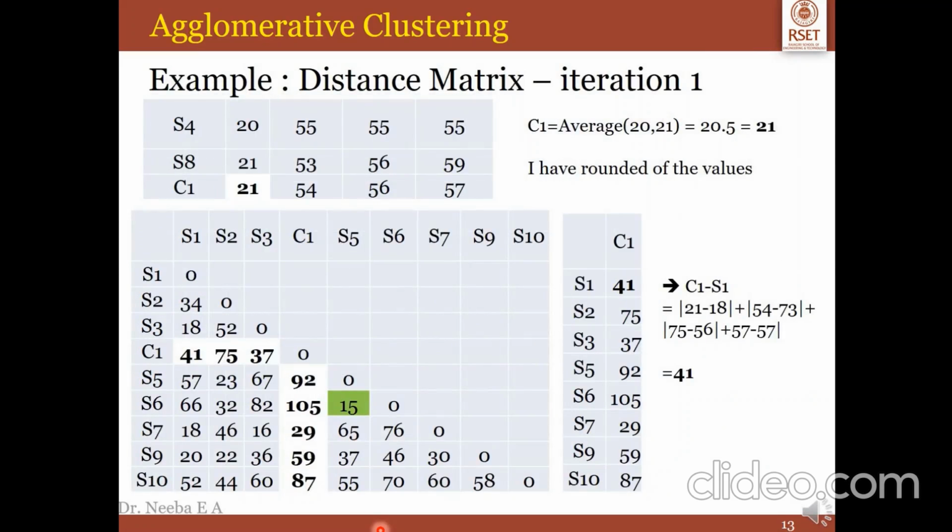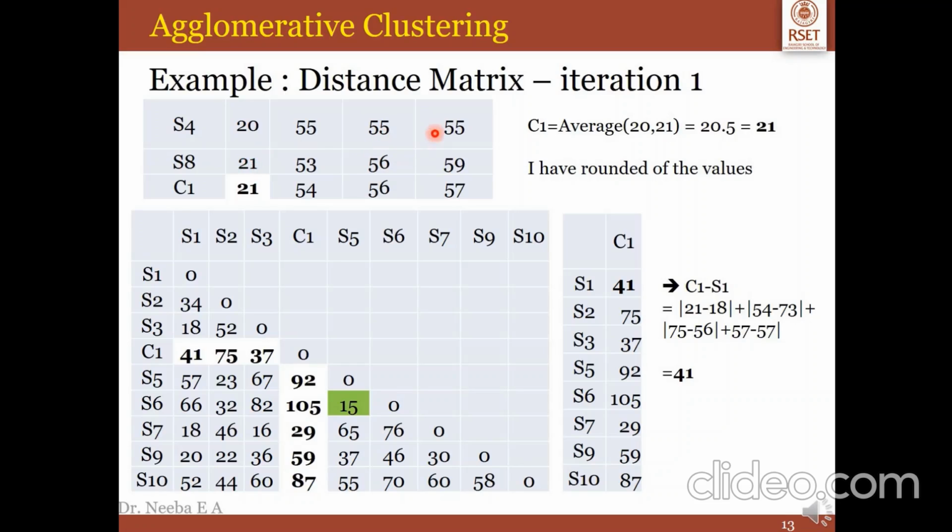In the first iteration we are combining S4 and S8 as cluster 1. To find the cluster 1 value, we find the average of S4 and S8 because we are combining both. So we get the cluster 1 value as 21, 54, 56 and 57. These values are the average of the above two.